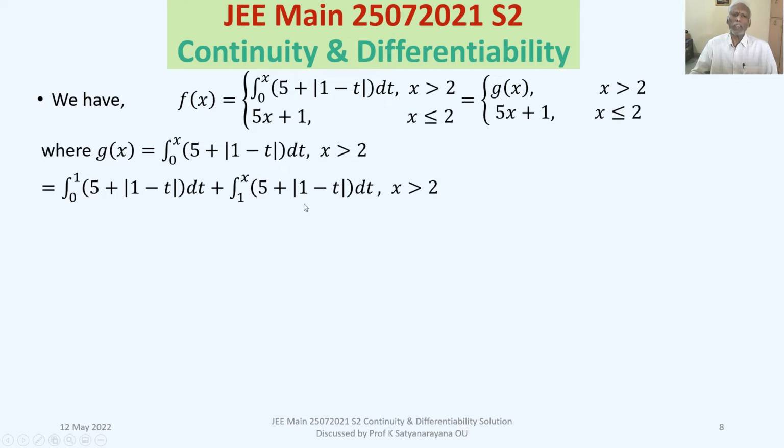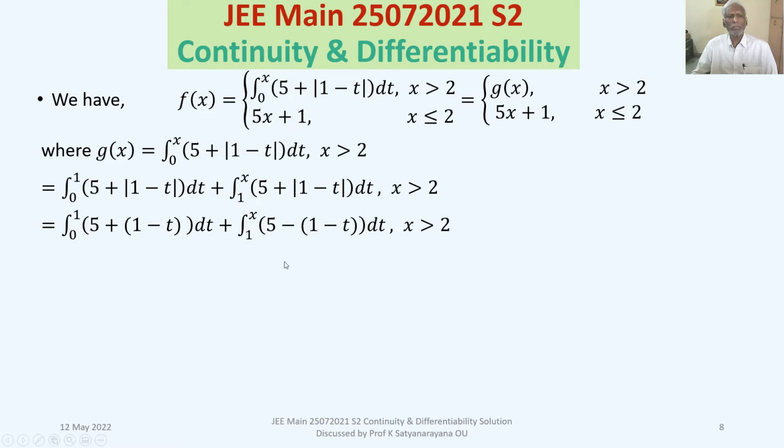But in the second integral, t starts from 1 and goes up to x, where x is greater than 2, then 1 minus t will be negative, then mod of 1 minus t will be minus of 1 minus t. So mod of 1 minus t is 1 minus t only here, and here mod of 1 minus t is minus of 1 minus t.